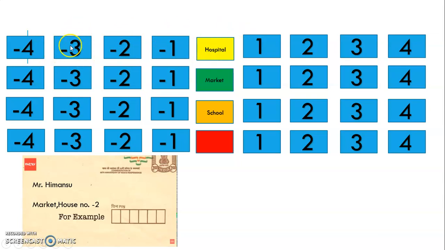So this is given the house number as hospital, house number -3. Okay, so we have solved the problem: to each house we can give a unique number, and to each number there will be a unique house.